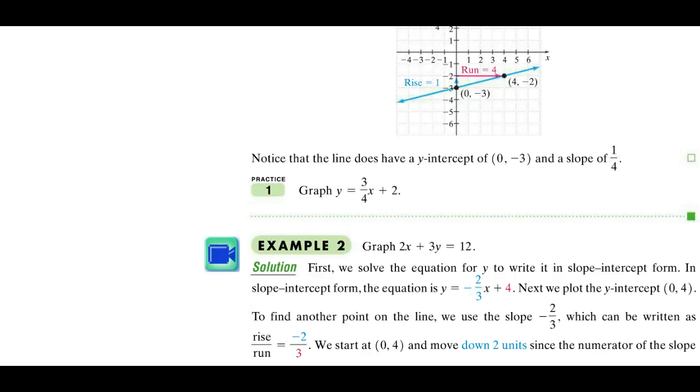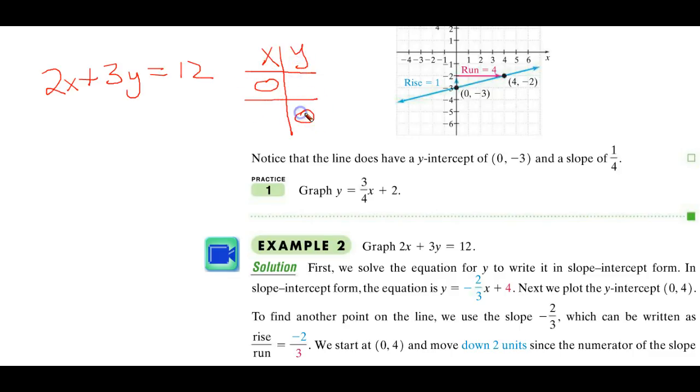they're asking you to do this one, which is 2x plus 3y equals 12. Now this is in standard form. Well, you could solve for y and do what we've just done, but I'm suggesting when it's in standard form, you use that special T-chart, x and y, and then a 0 and a 0, and find your intercepts.